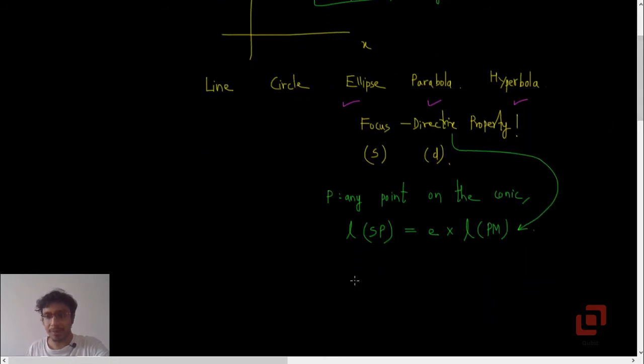So we usually say SP equal to e times PM, or SP is to PM is e is to 1.